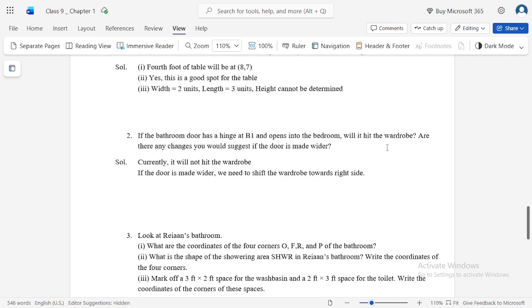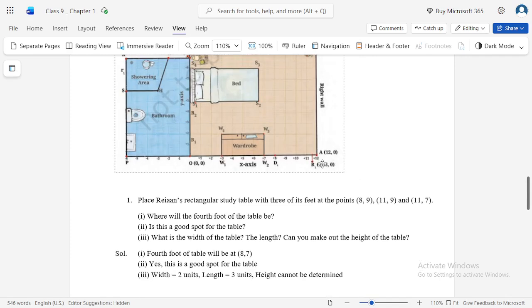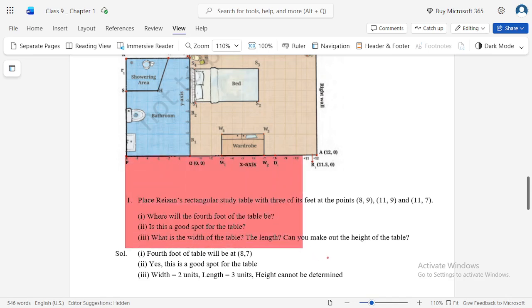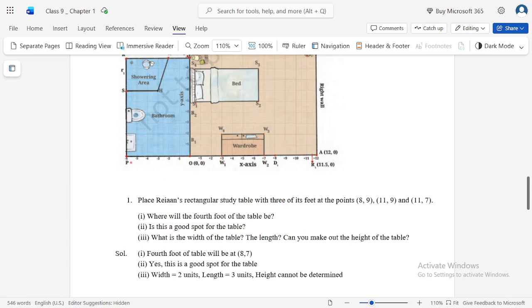This is P and this is A. So what it is basically saying is that from this side there is a dining room of 18 by 15, touching points P and A, and the width of this is 15 units.